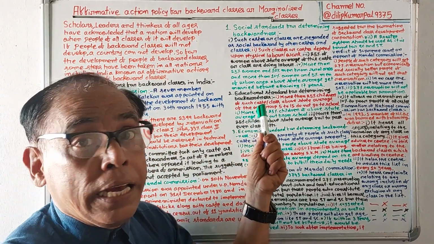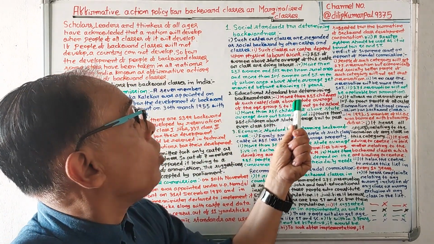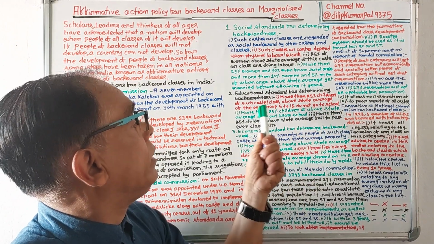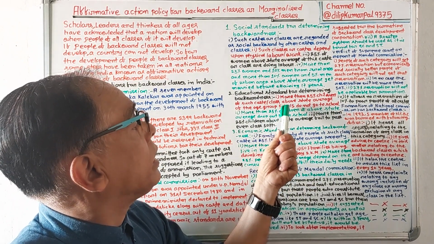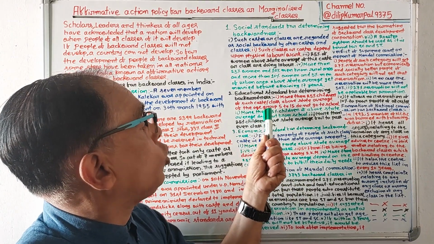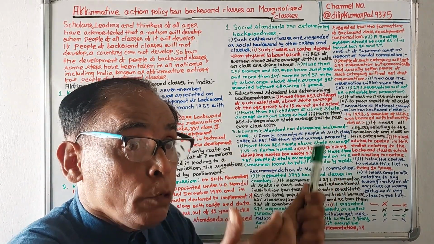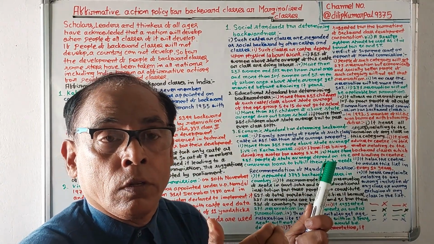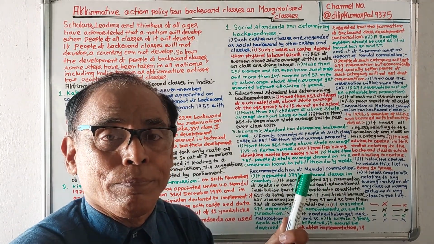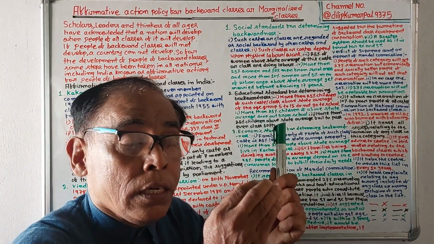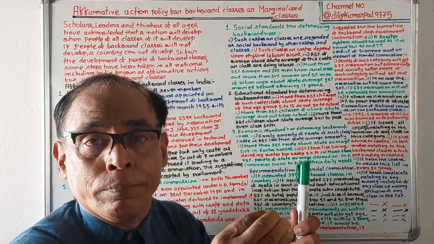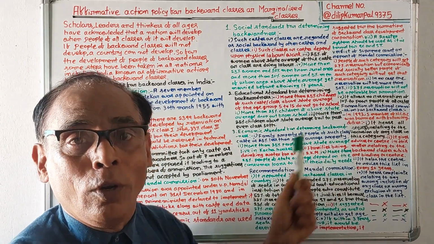Then there are 3 education standards. Number 1, more than 25% of children of such caste and class above the state average, in the age group 5 to 15, do not go to school.